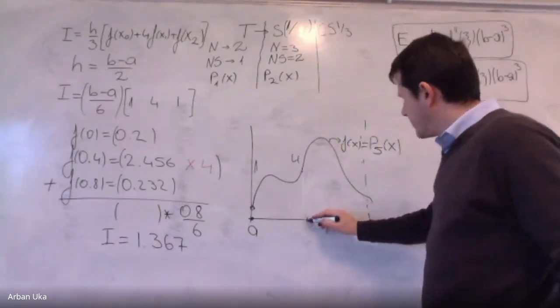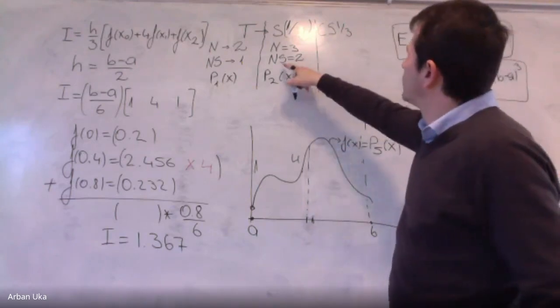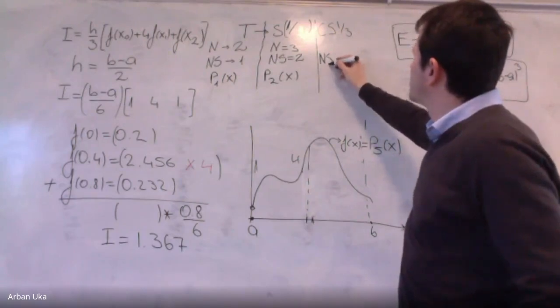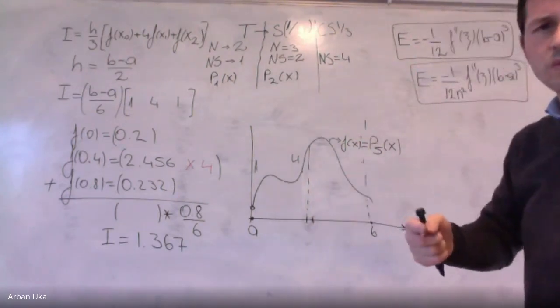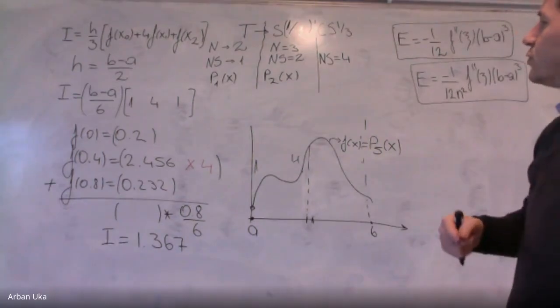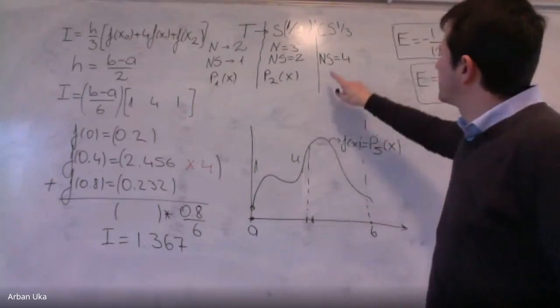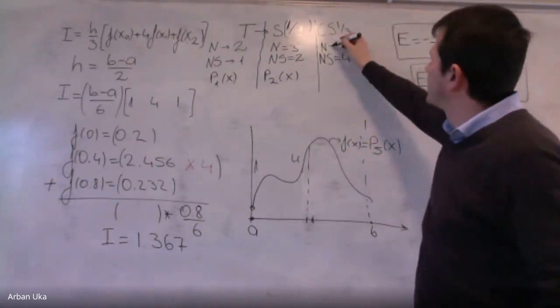Let's separate this one. We have two segments, and immediately the number of segments is going to be 4, okay? If we divide this one twice more, this is going to be 8. But let's consider that n will be still 3.